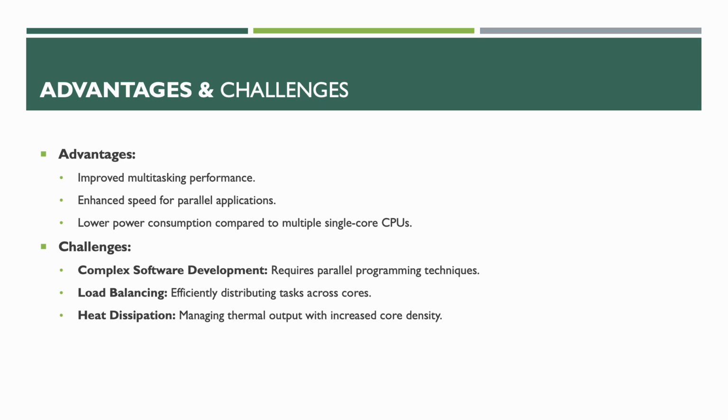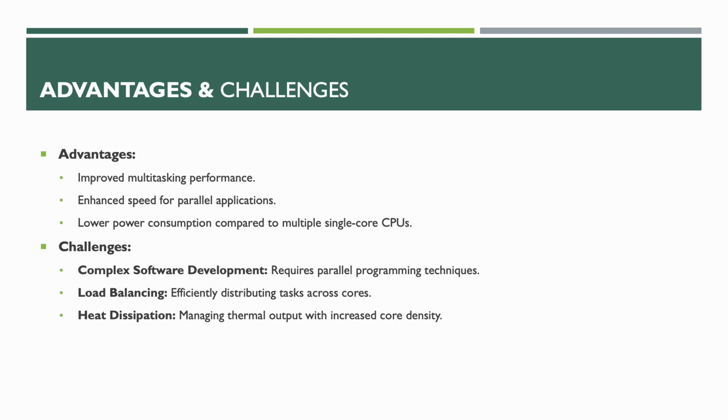That means workloads like video editing, gaming, AI processing, and scientific computing benefit from parallel execution. Then lower power consumption. Compared to multiple single core CPUs, multi-core processors optimize power usage, making them more efficient for laptops and mobile devices, as we saw in the heterogeneous type.